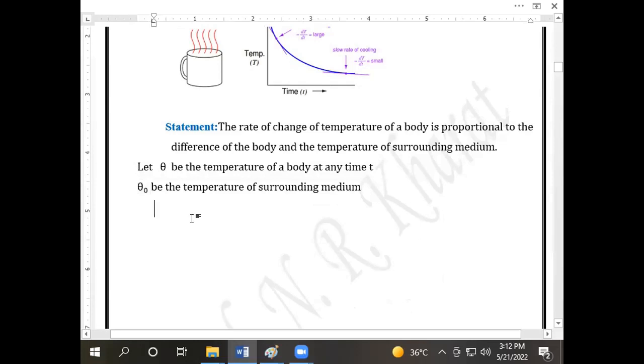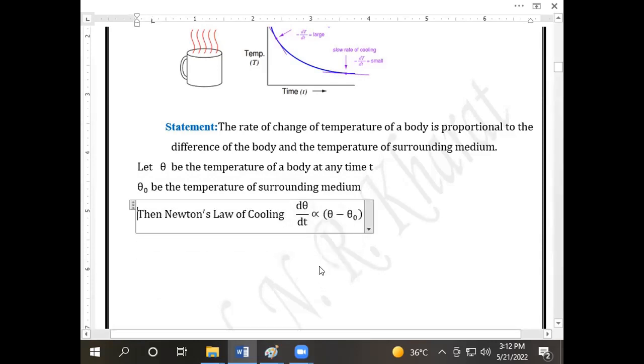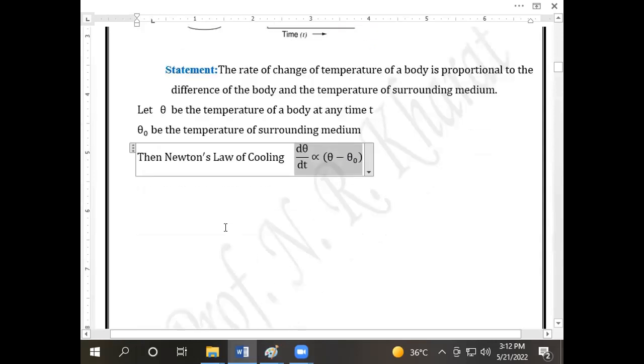Then the rate of change of temperature with respect to time is directly proportional to the difference between the temperature of the body and the temperature of the surroundings. In mathematical form, d theta upon dt is directly proportional to theta minus theta naught.